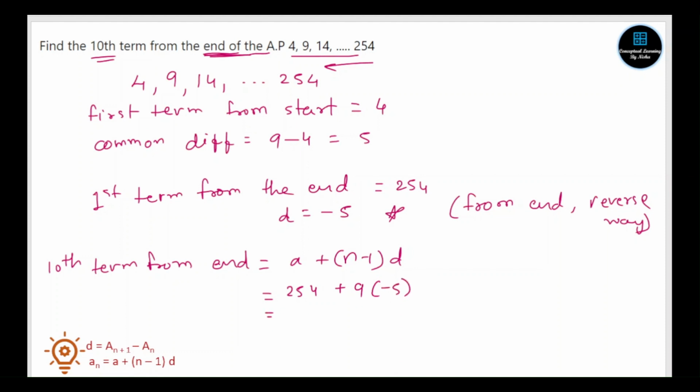So this is nothing but 254 minus 45 and I'll get 209. So this is the 10th term from the end. Clear? Great.